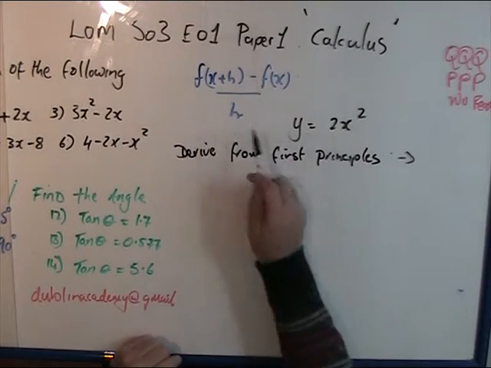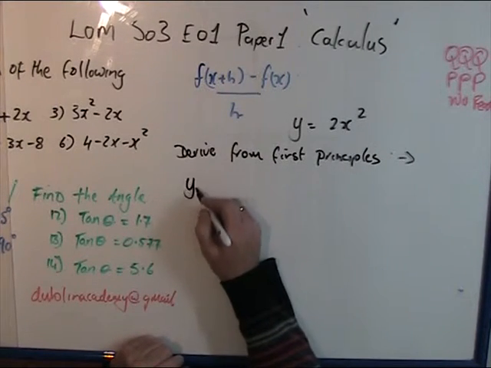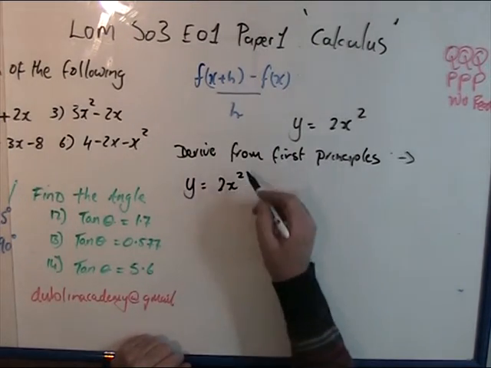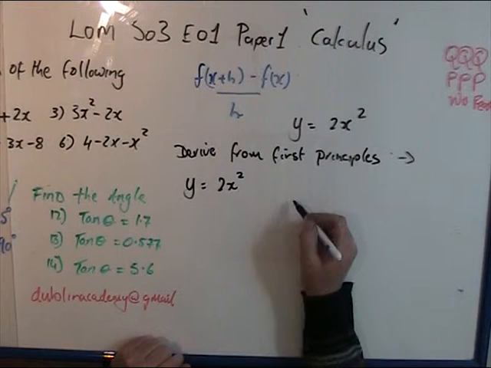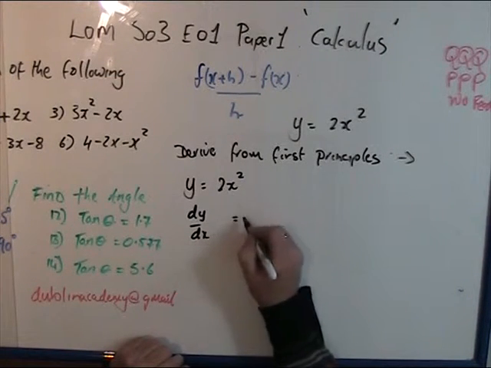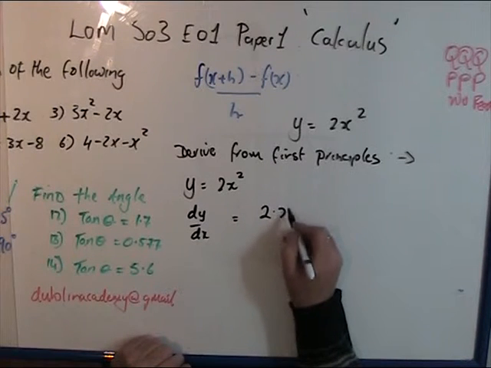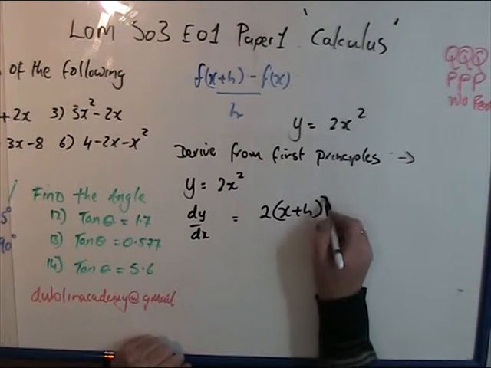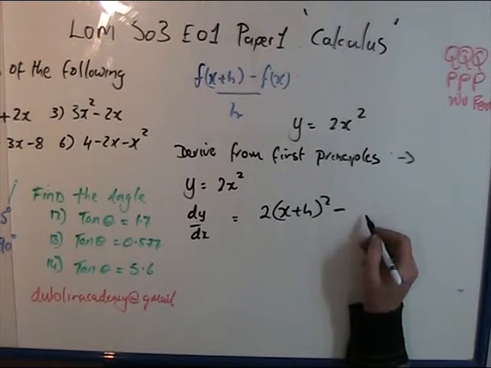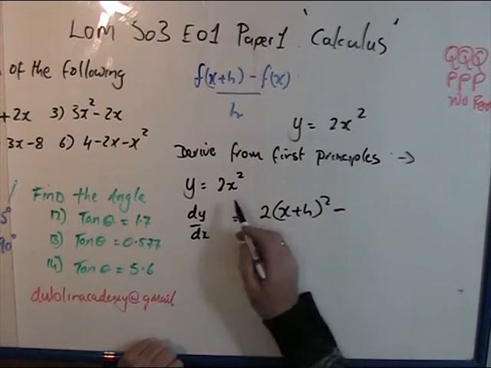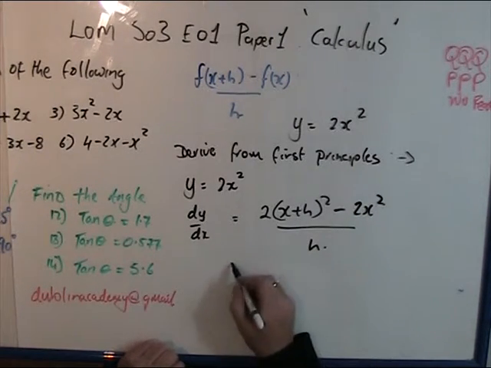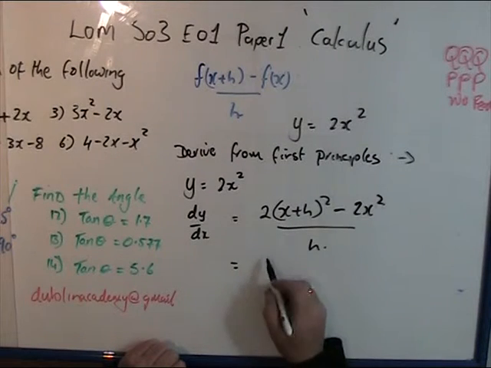So y is equal to 2x squared, and I'm following this formula. Everywhere I see x, I put in x plus h. So dy/dx is usually written as this: that's 2 times (x plus h) squared, minus f of x, which is 2x squared, all over h.